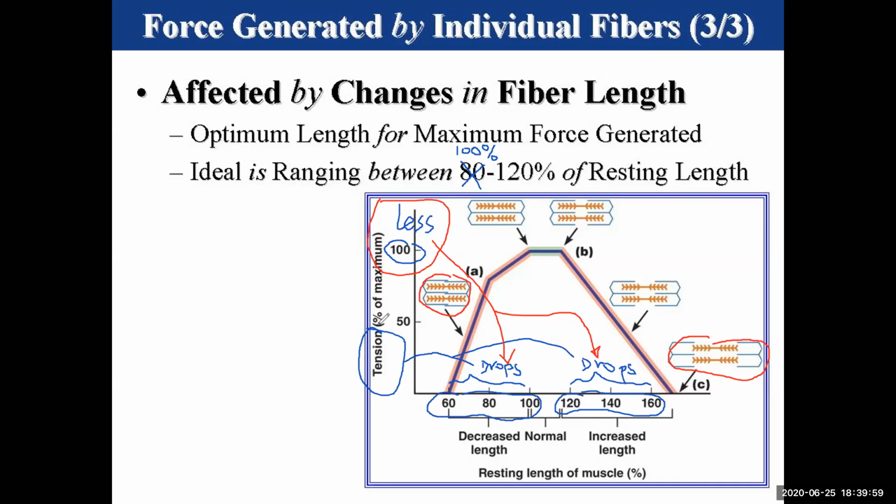Because of the origins and insertions of the skeletal muscle with the bones, they are forced always, when they are resting, to be between 100% and 120% of their resting length. So when they contract, due to their connections in the musculoskeletal system, they can always generate maximal tension.